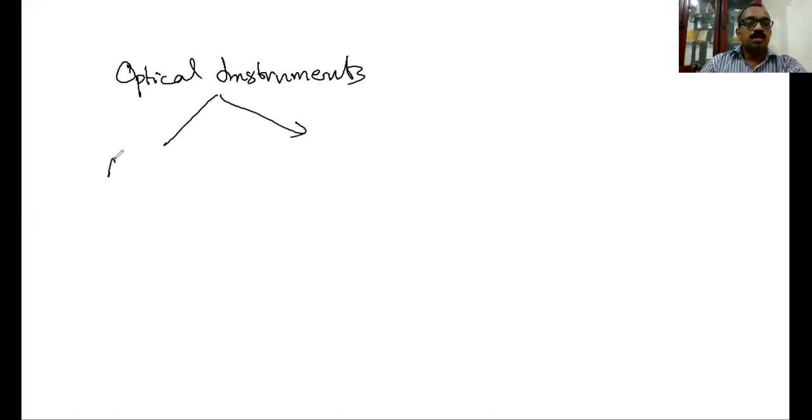Now, the optical instruments are broadly classified like this. You can have a look at this whiteboard. We can classify optical instruments into two: one is microscope, and the second one is telescope.